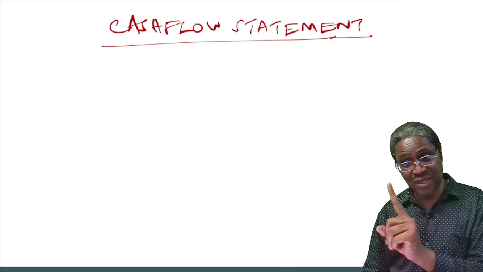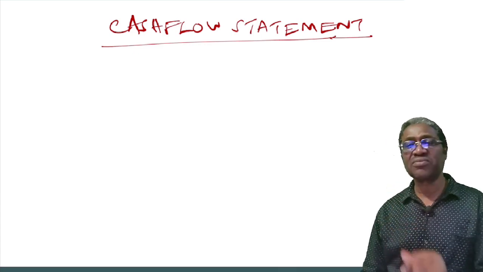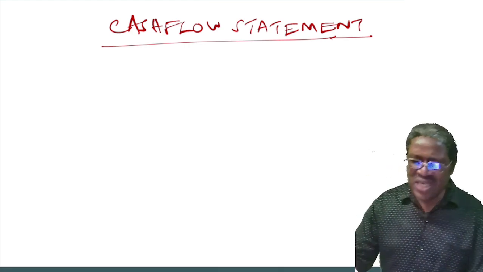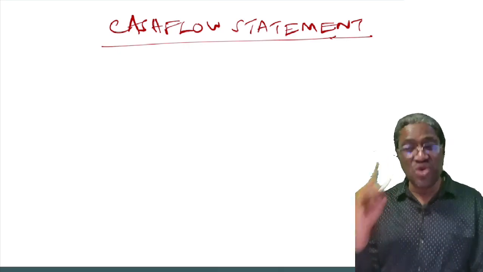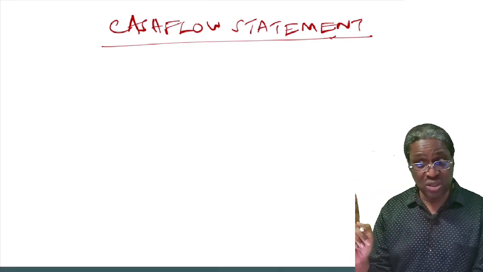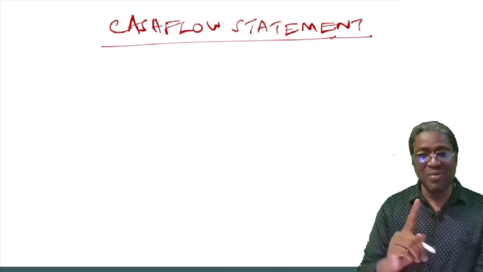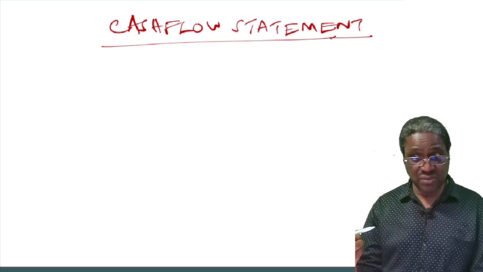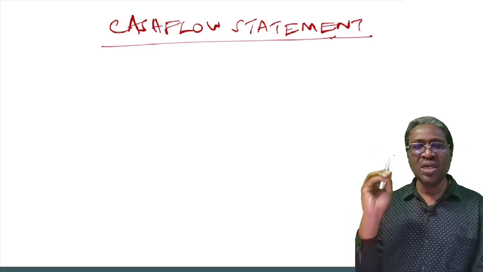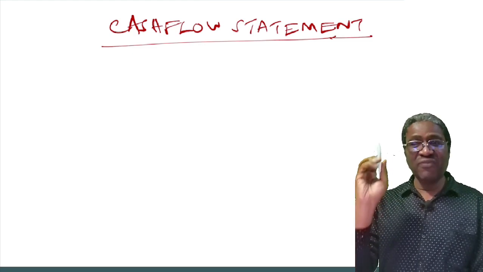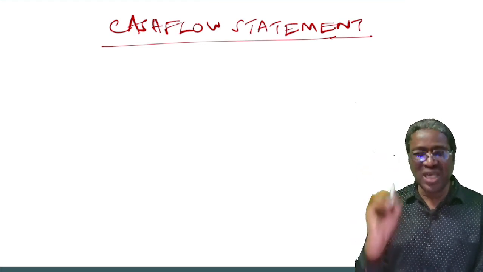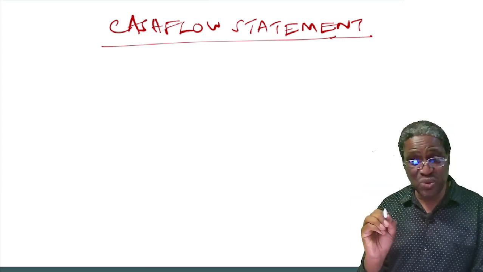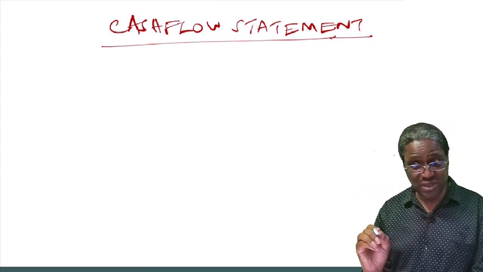Now, listen, another point. As you keep analyzing the items in the balance sheet, you already know what you are looking for. You're only looking for the figure, but you know what you are looking for. So I have said, you have to keep analyzing every item in the balance sheet, seeing how it will help you to prepare your cash flow statement.